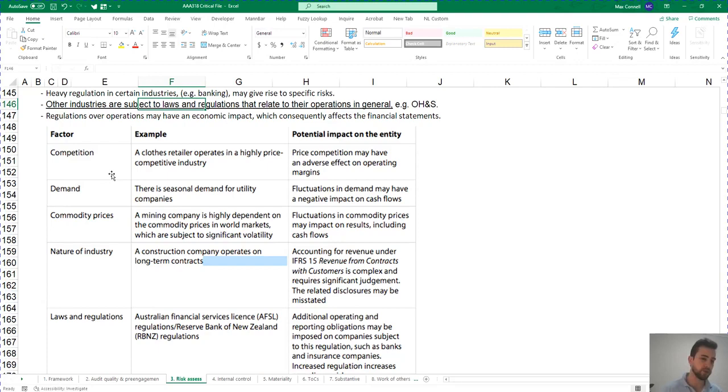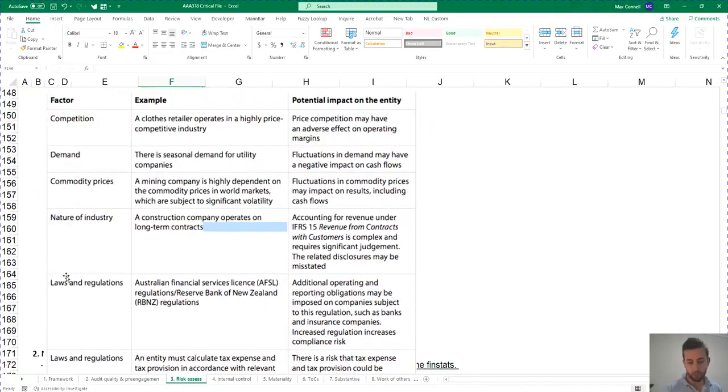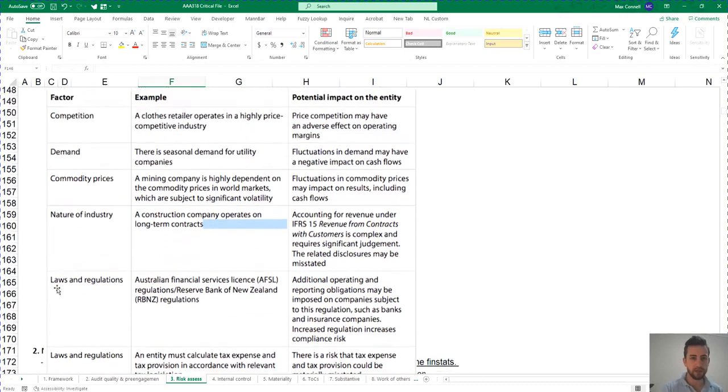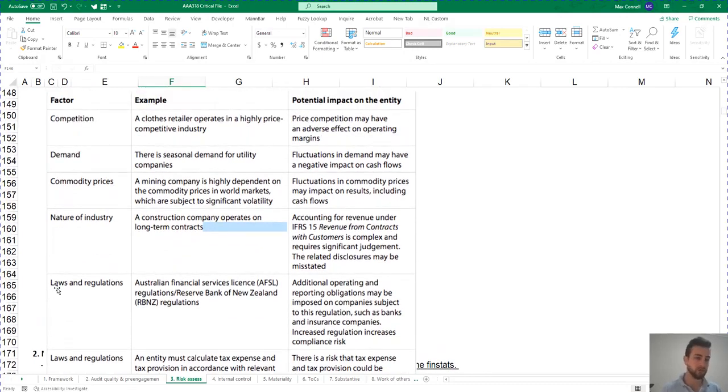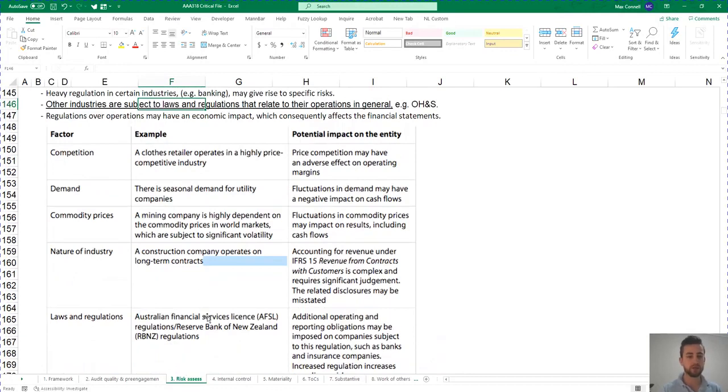You can see this logical process that we're going through. First of all, let's consider industry. Number two, what are the potential impacts from industry on this particular entity that we're auditing? So we might say competition, demand, commodity price, nature of the industry. And then we're asking, what's a specific example of, let's say, laws and regulations impacting maybe the banking industry, which might be your client?